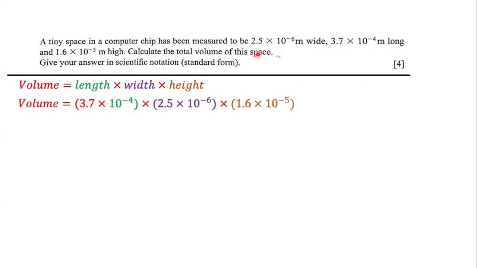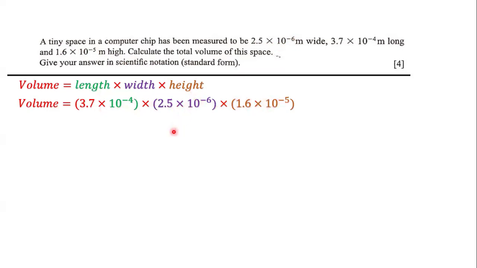The width is 2.5 times 10 to the negative 6. And what is the height? The height is 1.6 times 10 to the power of negative 5. And we have to multiply these.